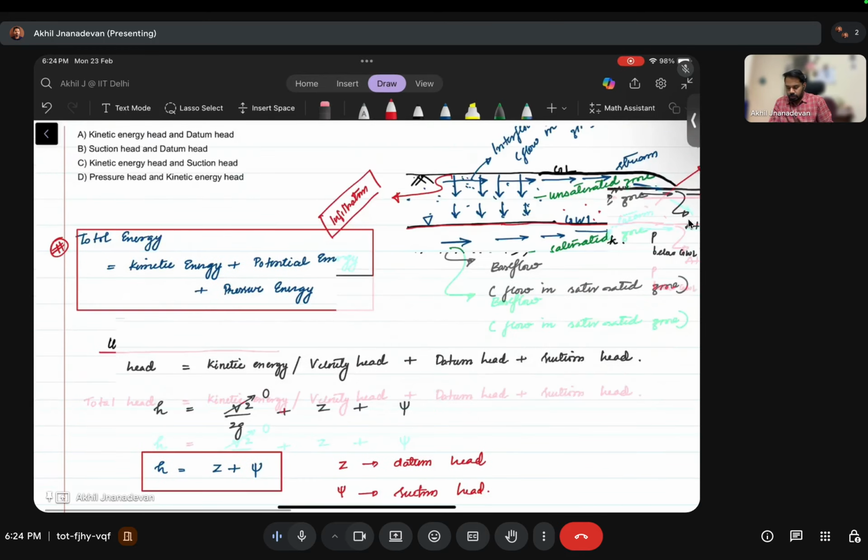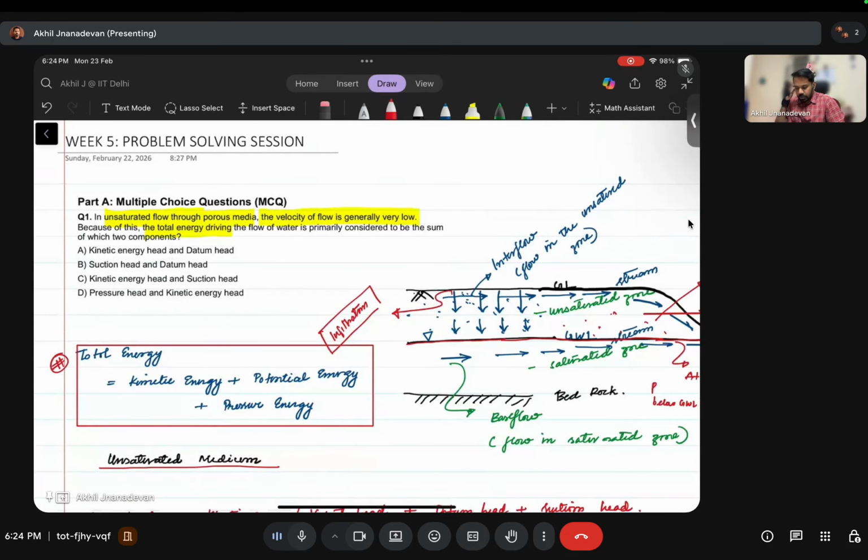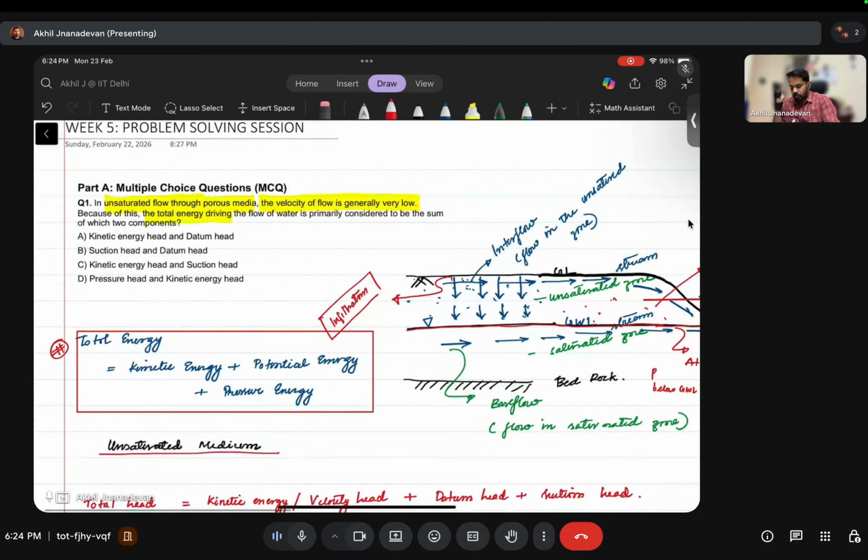Now look at the options. The first option is kinetic energy head and datum head. Kinetic energy head is zero, so that is wrong. Suction head and datum head: yes, that is correct, so B is the correct option. The third option is kinetic energy head and suction head, no. And pressure head and kinetic energy head: pressure head is nothing but the suction head here.